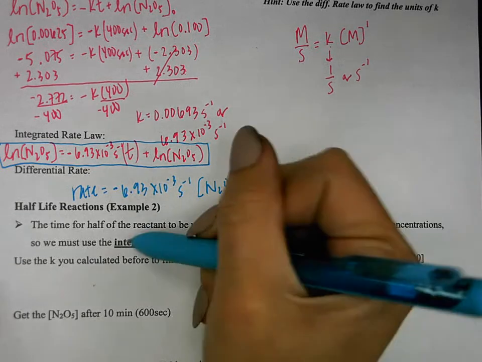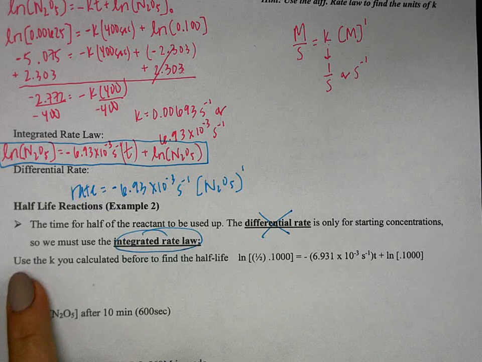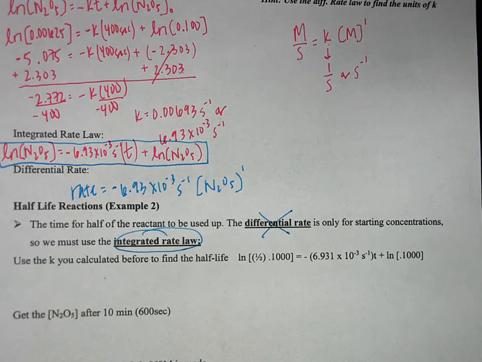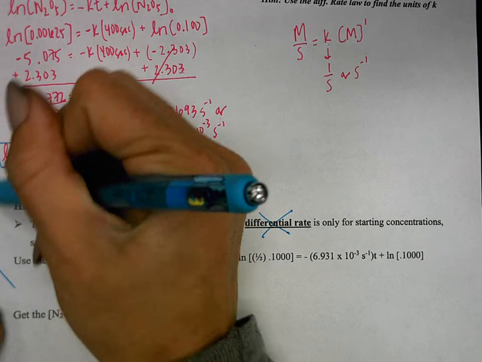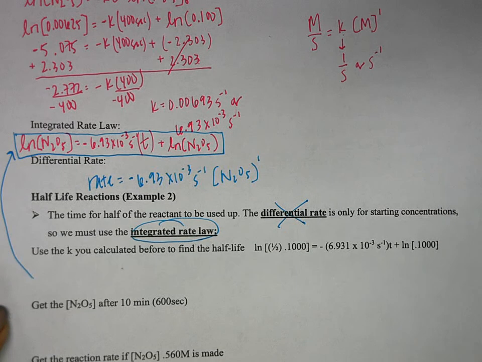We need to use our integrated, okay? We already calculated our K, and we already have our integrated rate law equation right up there. So use the K you calculated before to find the half-life.